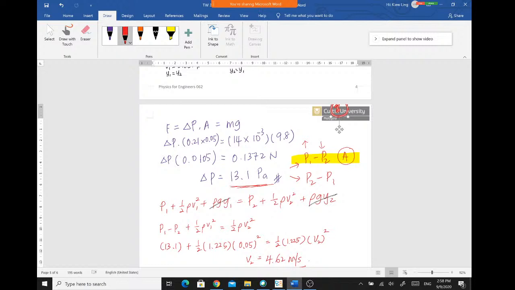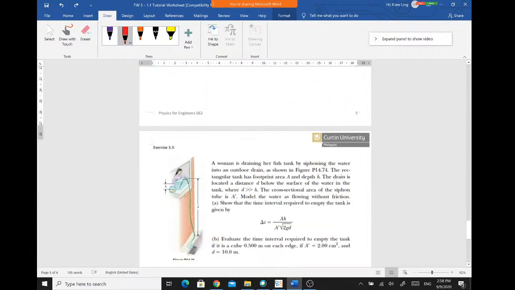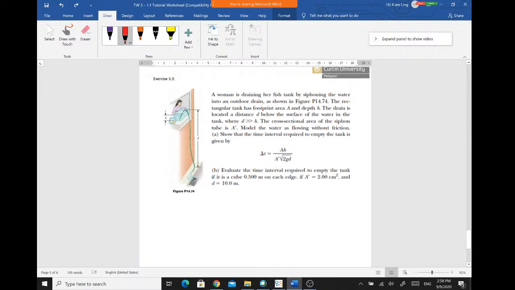That is the first case scenario. And another case scenario is about pumping the water from one container to another container.